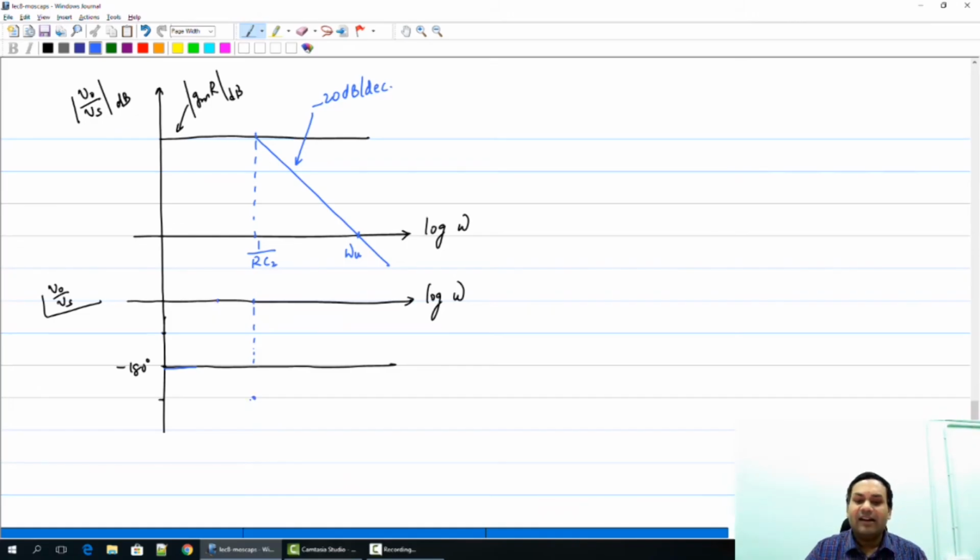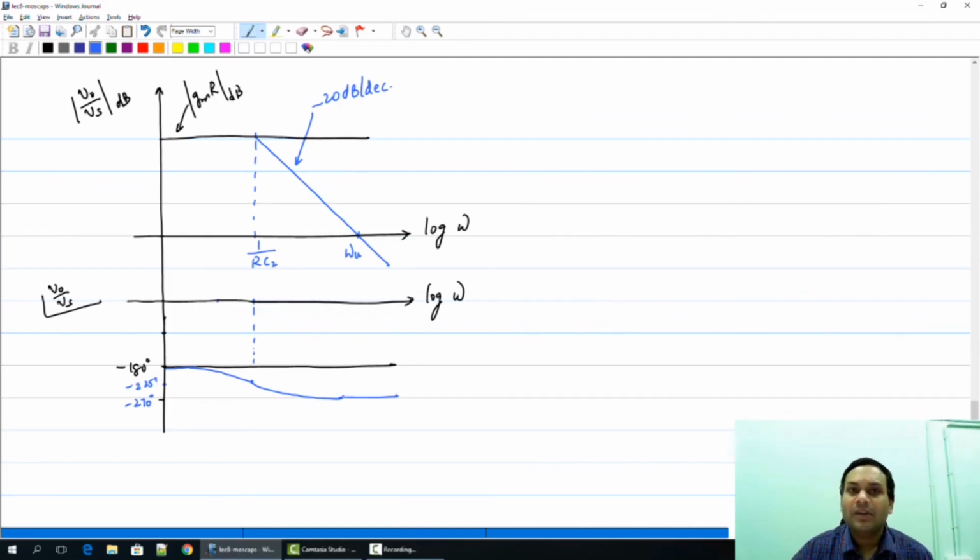And at the pole frequency, the pole should give a phase of exactly minus 45 degrees, and that will happen here. It will be at minus 225 degrees at the pole frequency, and at very large frequencies the pole should contribute 90 degrees, and therefore it should asymptotically go to minus 270 degrees. So the phase response will look something like this.